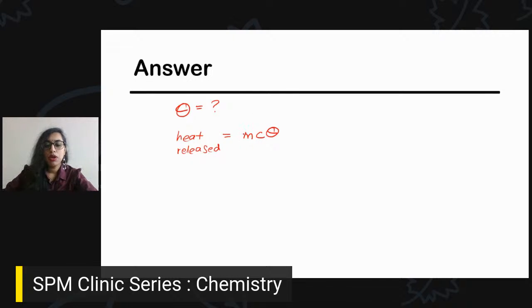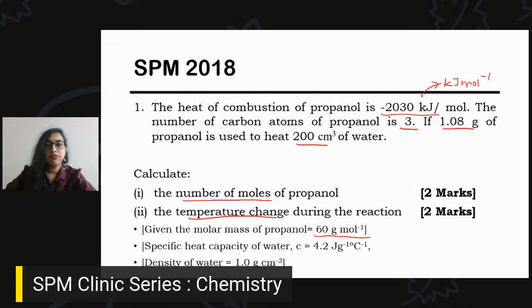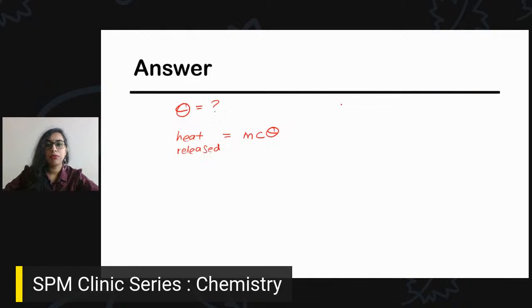Okay, so now let's look at what they have given. They have given heat of combustion. How do they get the heat of combustion? Heat of combustion you can get from heat released or absorbed. This is combustion, so combustion means it's released.